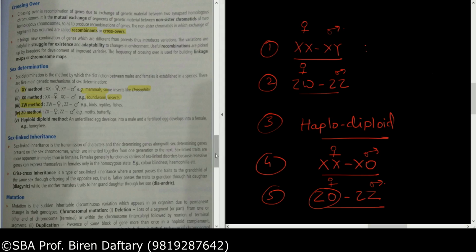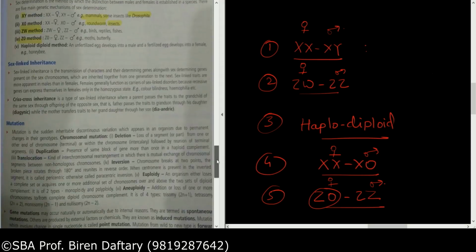So let's move ahead. Okay, the next part is sex linked inheritance. So this is basically your part of X linked inheritance. Okay, so if you remember X linked inheritance, the examples are color blindness, hemophilia.